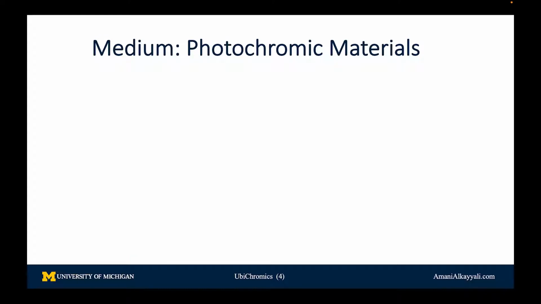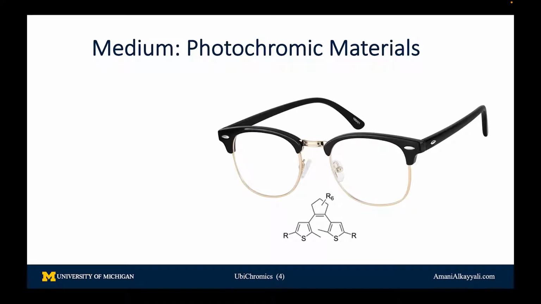So we draw inspiration from the material science community, where we've looked at color-changing materials such as photochromic materials, and most people are already familiar with at least one example of photochromic material application, the use of transition lenses in glasses.